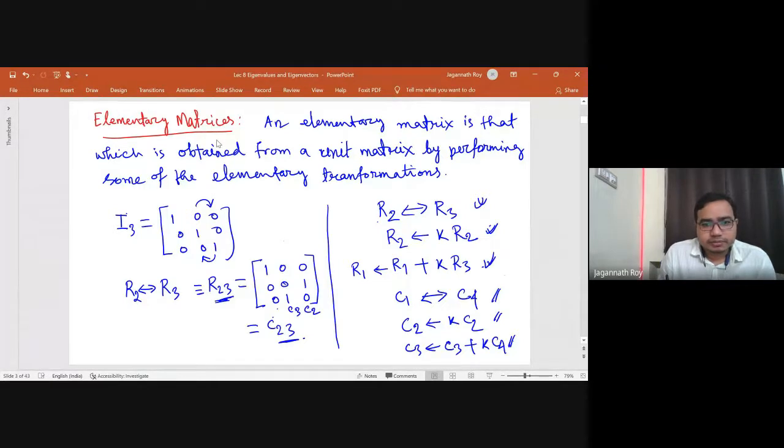This is row 1, row 2 and row 3, and column 1, column 2, column 3. Now it has become R1, then R3 and R2.